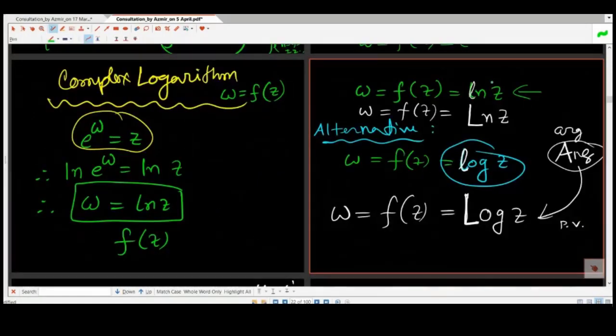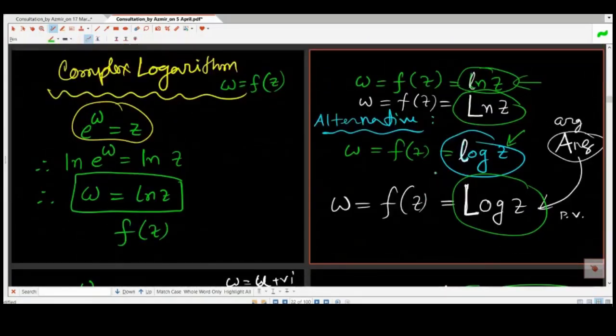Instead of this notation, I will use this one for this session. But you have to remember that all these notations are alternative forms. This and these are alternative. This and these are alternative.